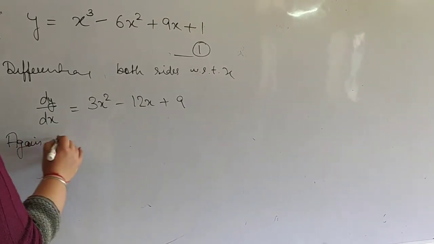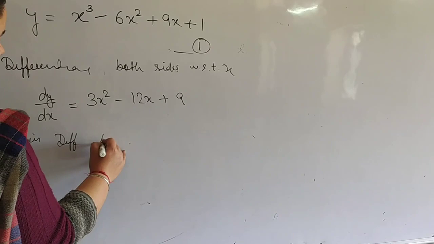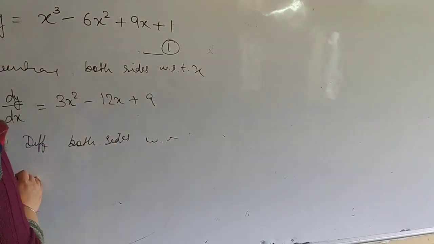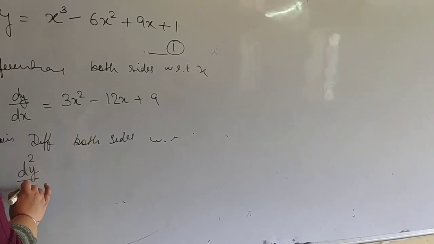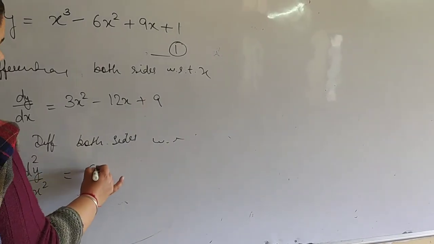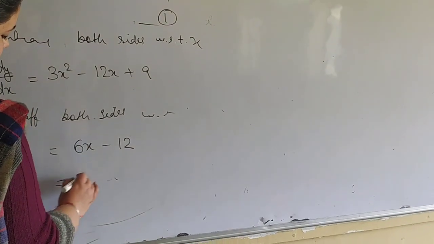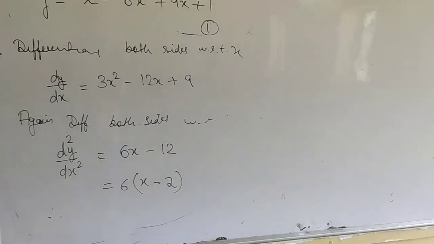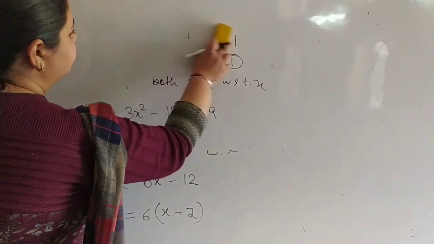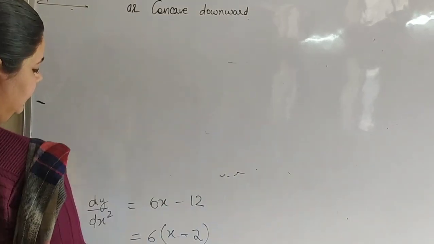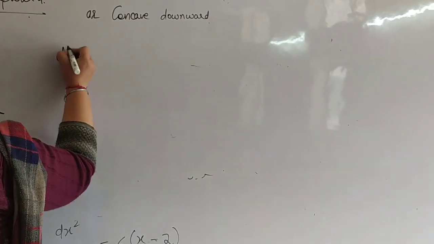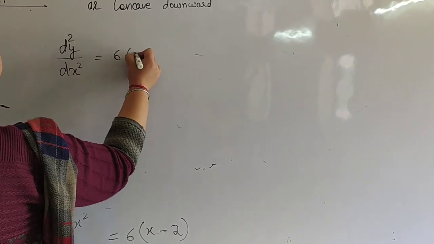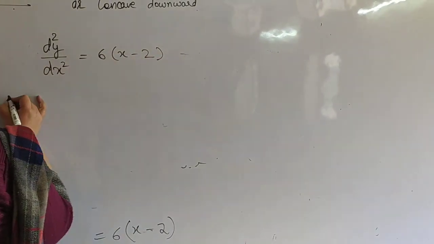Again, differentiating both sides with respect to x, we get d square y upon dx square is equal to 6x minus 12, which can be written as 6 into x minus 2. Now we get the double derivative as 6 into x minus 2.